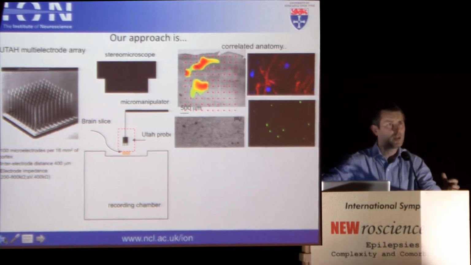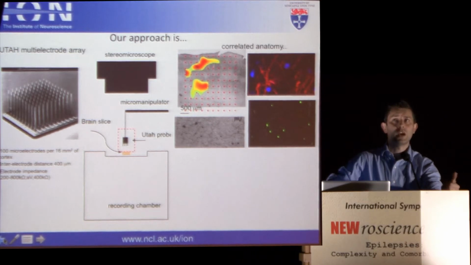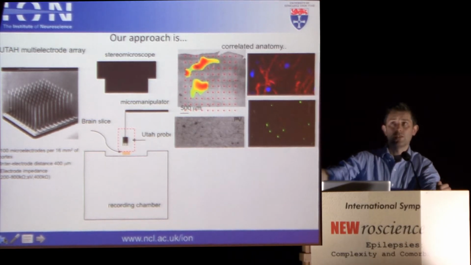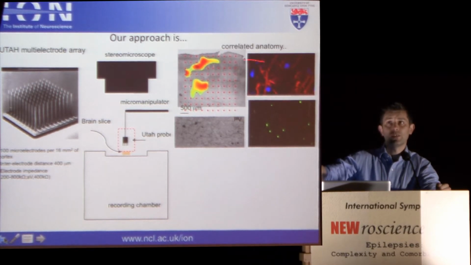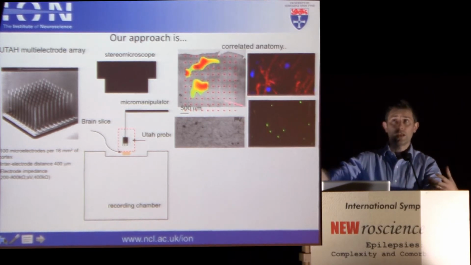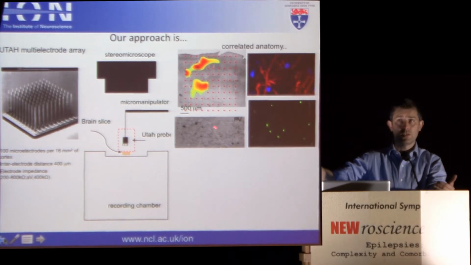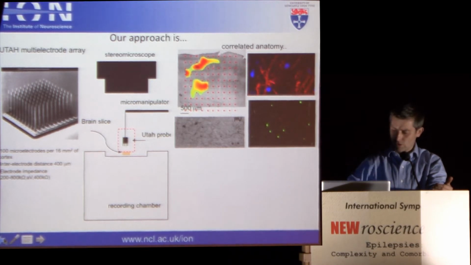So you can co-register your electrophysiological data with a measurement of the anatomical networks that you're interested in. And so this allows you to correlate the neuroanatomy, and some of the things that I'm going to show in the next couple of slides include looking at specific markers for distinct types of inhibitory interneurons. We've also been doing some work with DI to look at the postsynaptic structure.